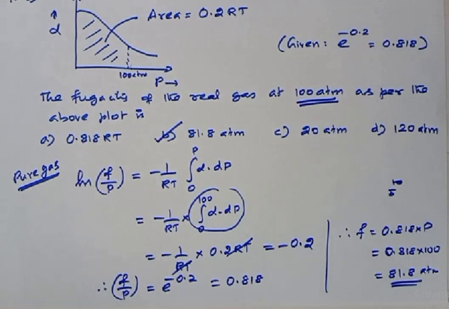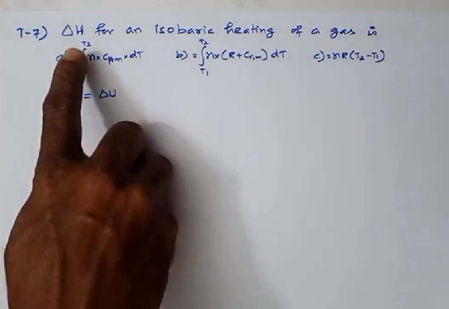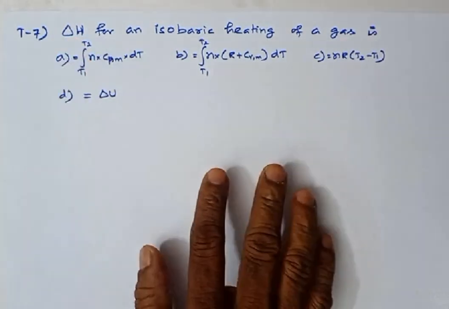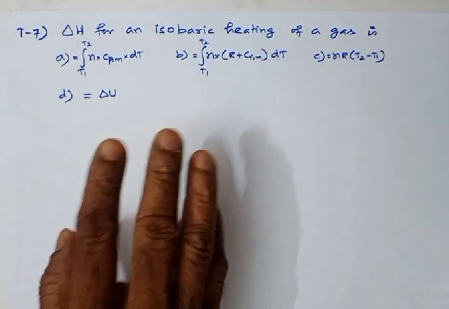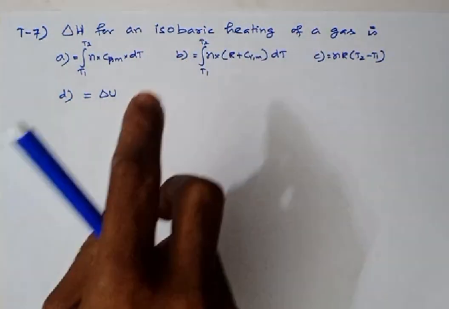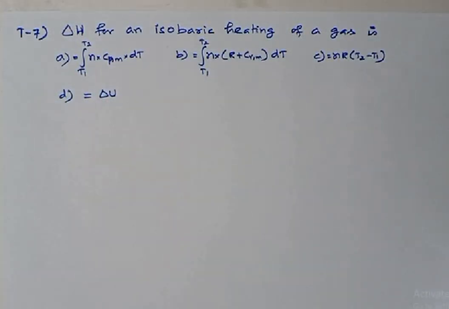Listen, just go through the question carefully. It is given that delta H for an isobaric heating of a gas. Isobaric means constant pressure, and we are heating the gas. So heating means temperature increases. So what is the delta H for that?